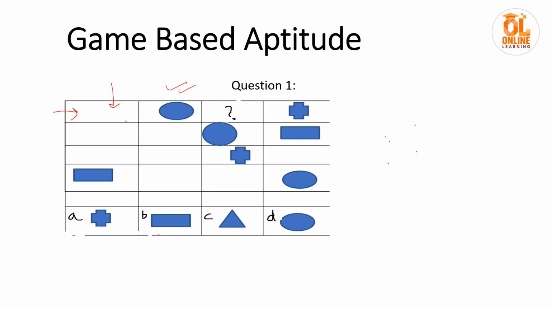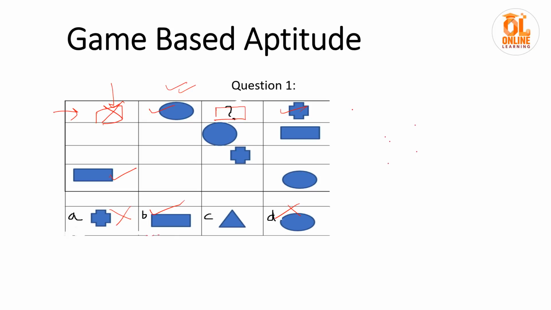So in this row, ellipse is already present, plus is already present, so eliminate them. Now if you carefully see, rectangle is present here, so rectangle cannot be present in this area, so rectangle must be present here. So your answer will be rectangle.